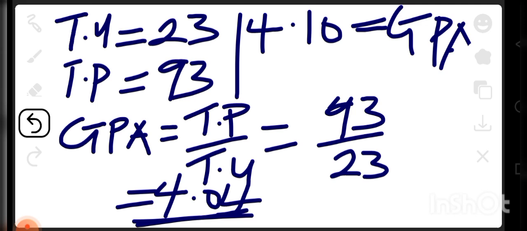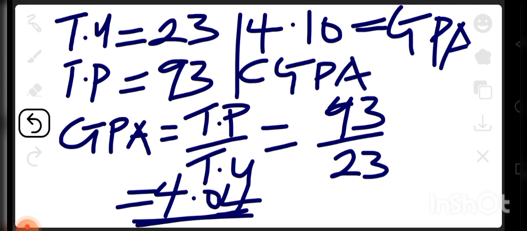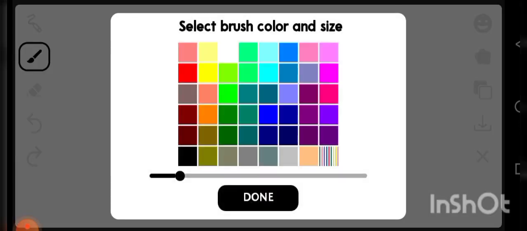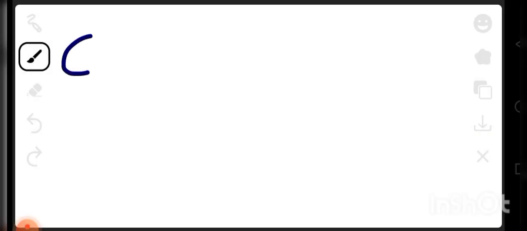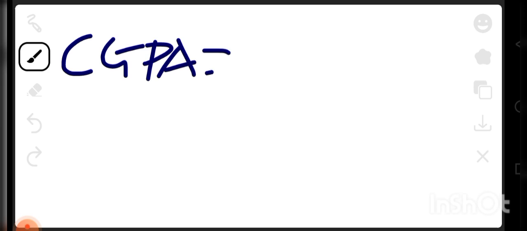So to get the CGPA now, what you need to do to get the CGPA, we just add the two GPAs together and take the average. Just take the average of everything.